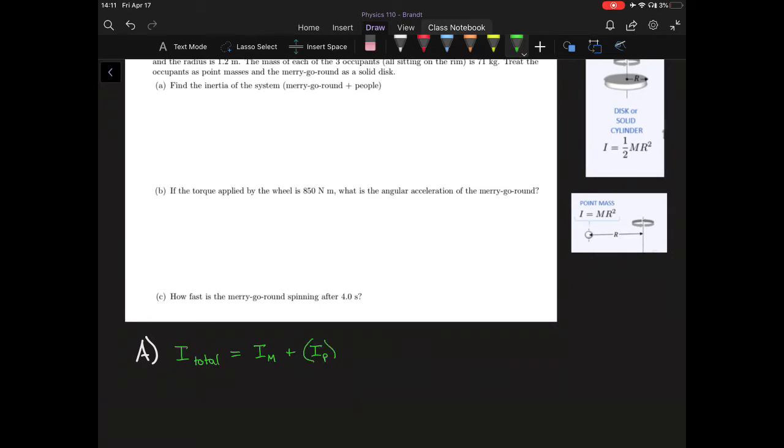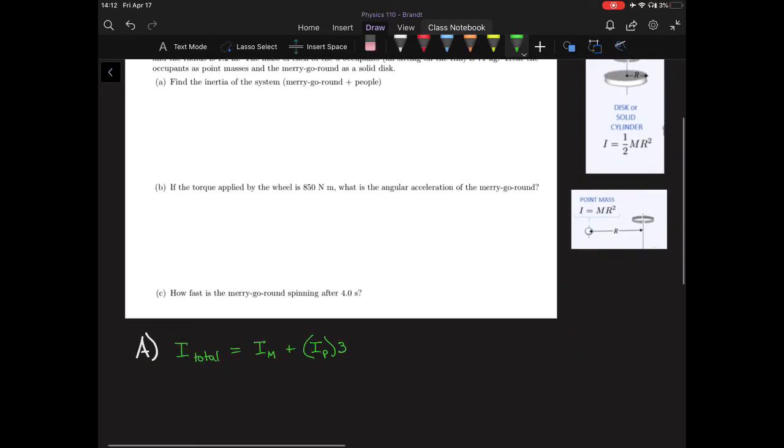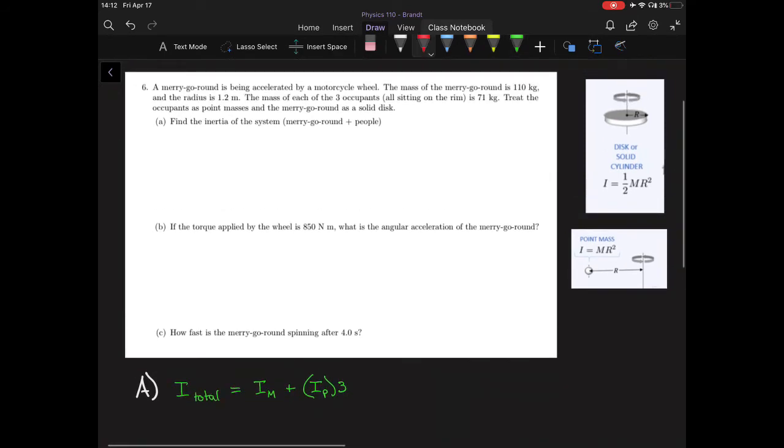And we know that there's 3 of those people, and they're all the same mass sitting at the same location. So over here on the side, we have both for a disk and for a point mass. There are equations for I, so we'll take both of those.